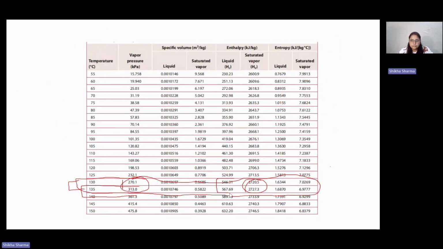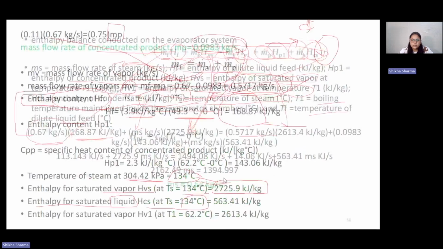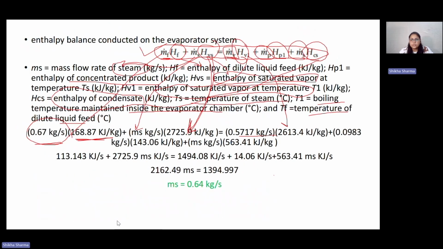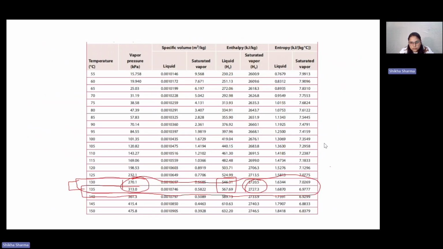Through interpolation we can get this. So what will we get? We will get 563.41 kilojoule per kg, and then we can put it here. I'm so sorry, I think we have made some mistake.